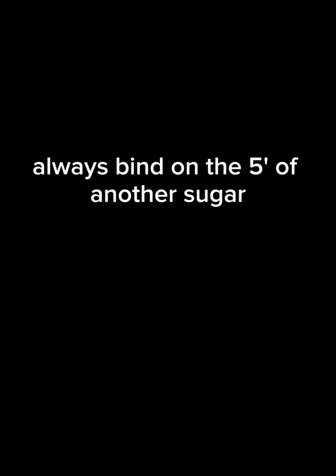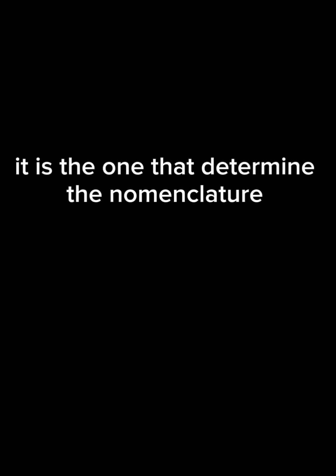The phosphate group always binds on the 5' of another sugar, and always note that this phosphate is the one that determines the nomenclature. The nucleotides are linked together by the 3' to 5' phosphodiester bond.